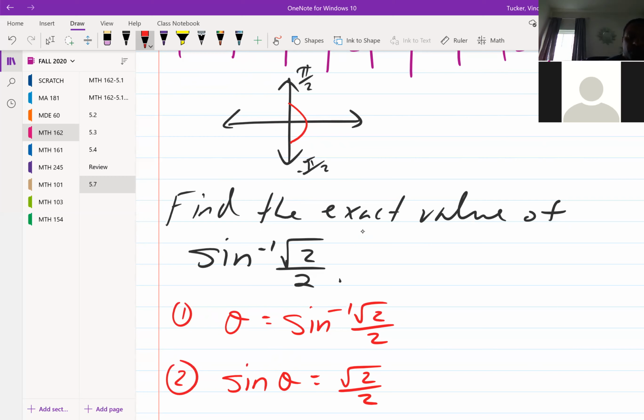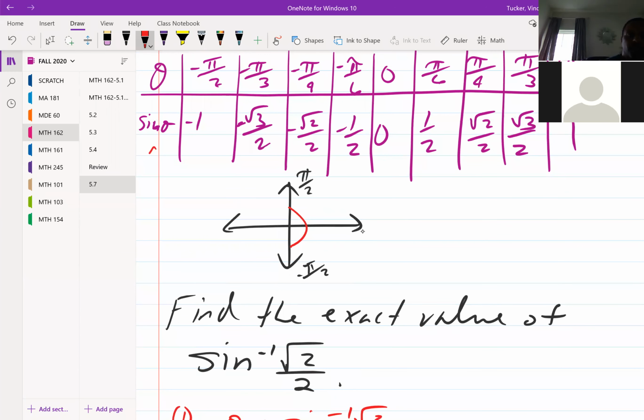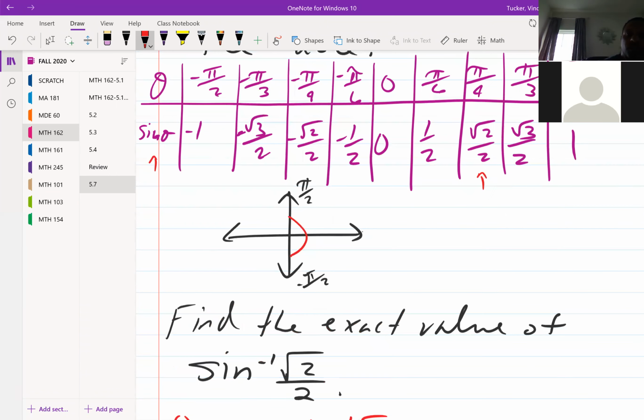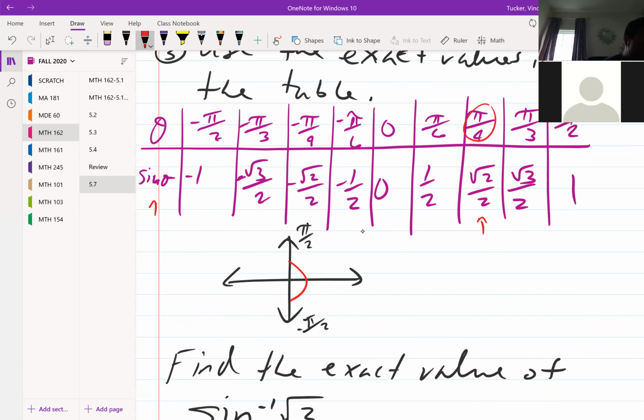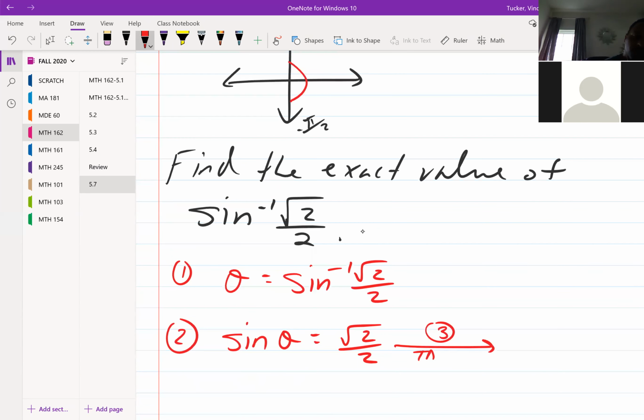And if we're just going to use the chart, when sine theta is equal to square root of 2 over 2, the result is pi over 4. And that's the answer.